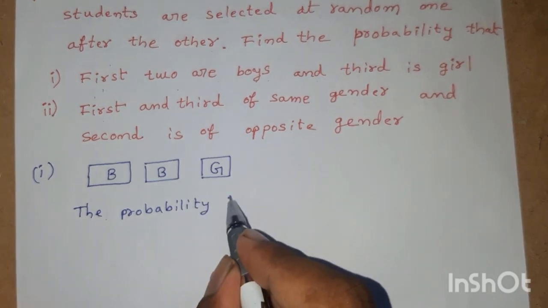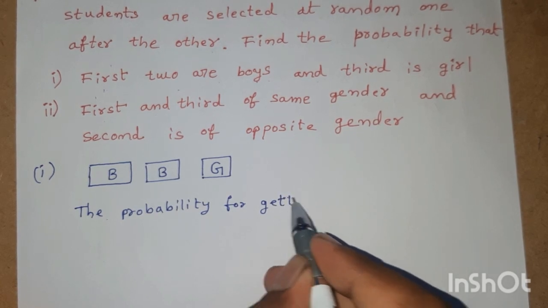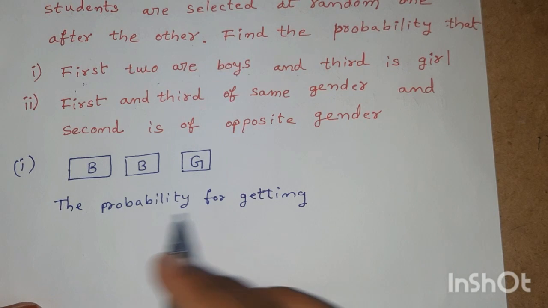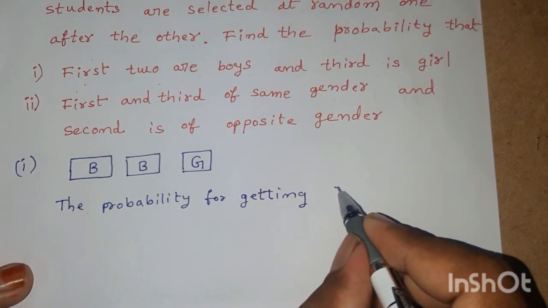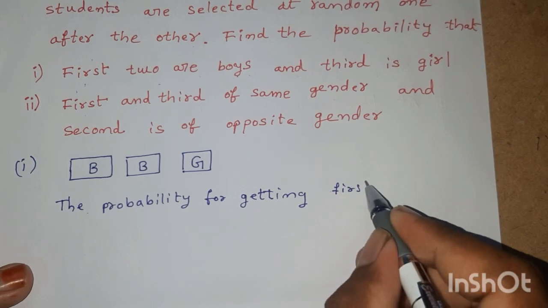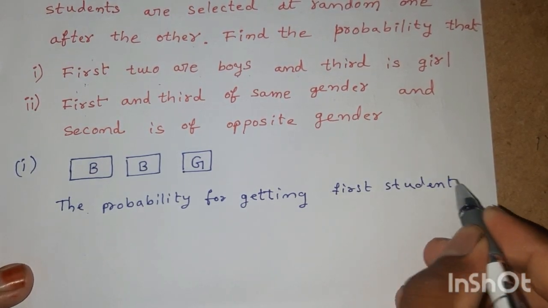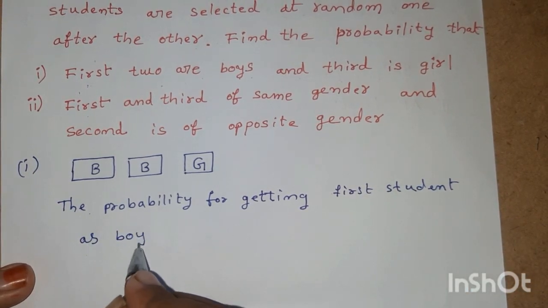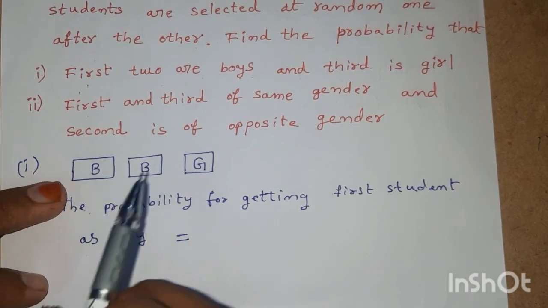Now, the probability for getting the first student as a boy: the first one must be a boy. How many boys are there?